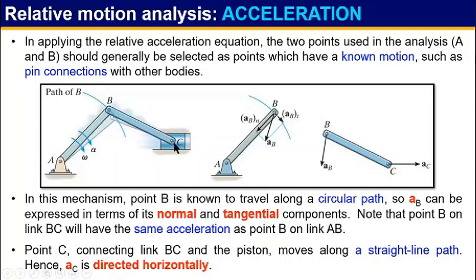Point C, connecting link BC and the piston, moves along a straight line path. Hence, AC is directed horizontally to the right. Okay, when B moves from a fixed point A, point C also moves horizontally to the right.